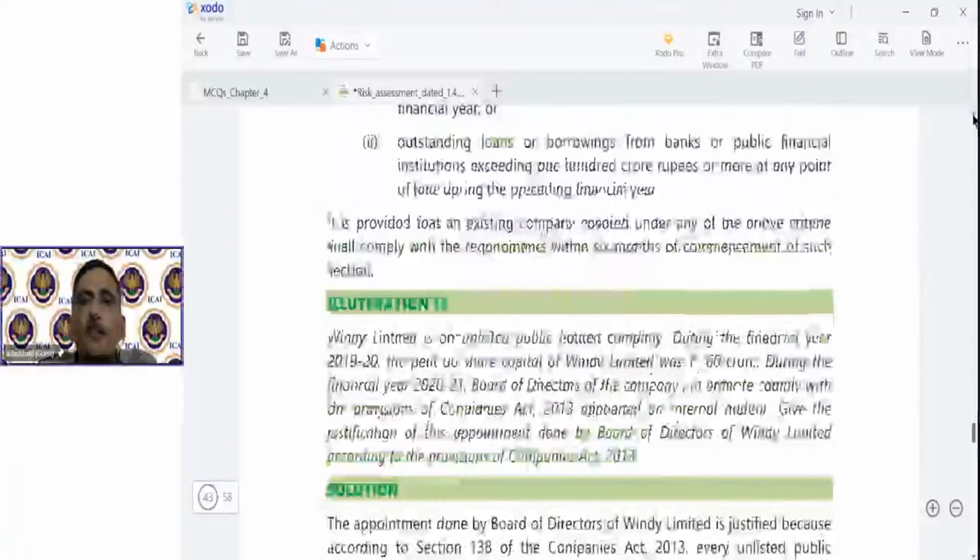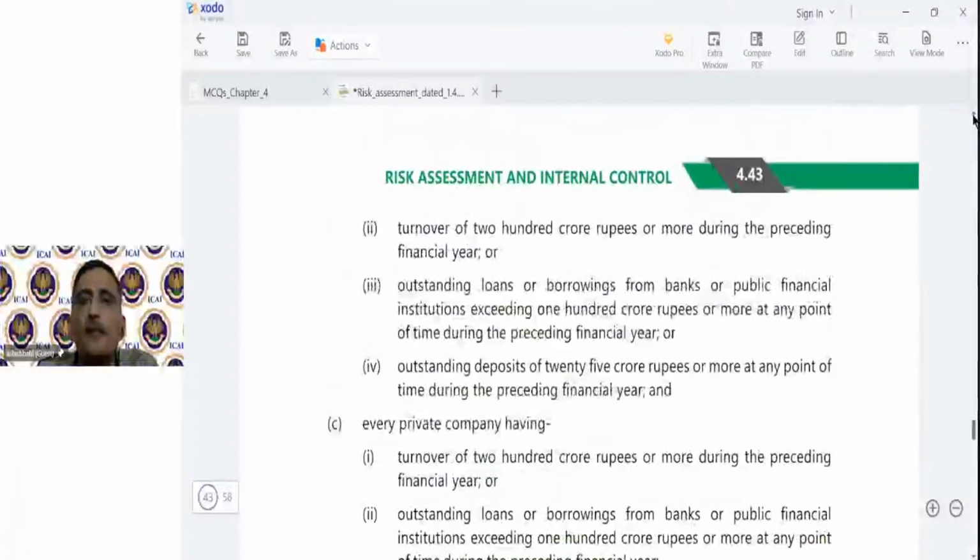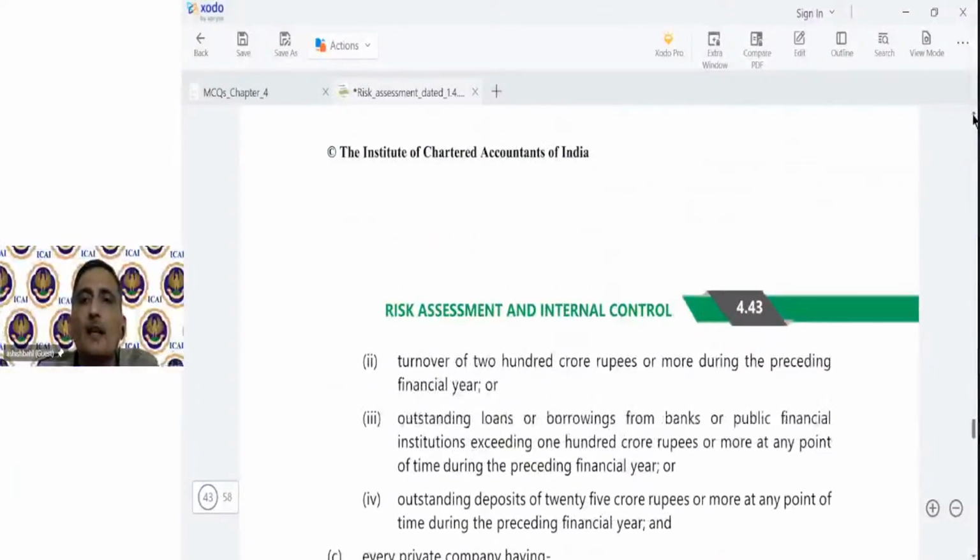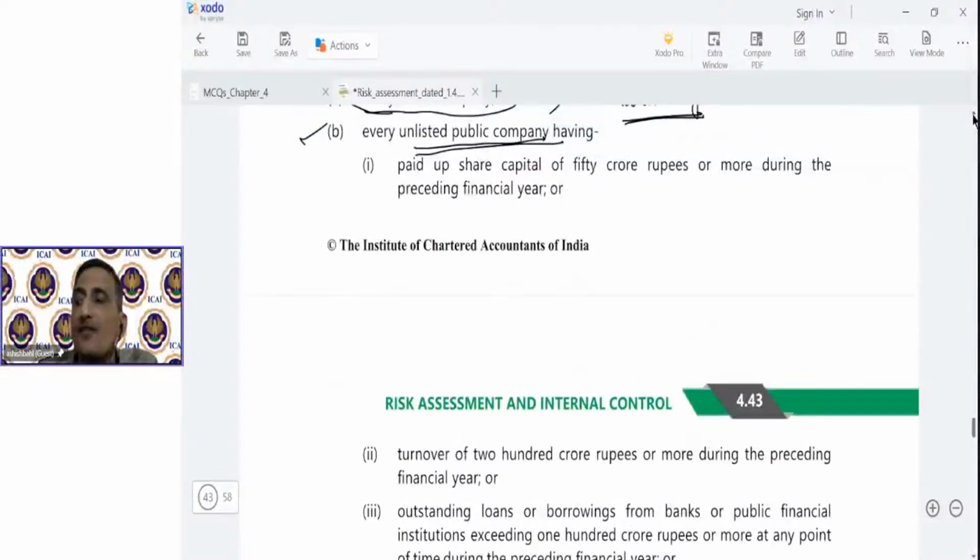So these are the conditions. If an unlisted public company satisfies any of these three conditions, then it is compulsorily required to appoint an internal auditor or a firm of internal auditors. Clear, guys? So what are those three conditions?